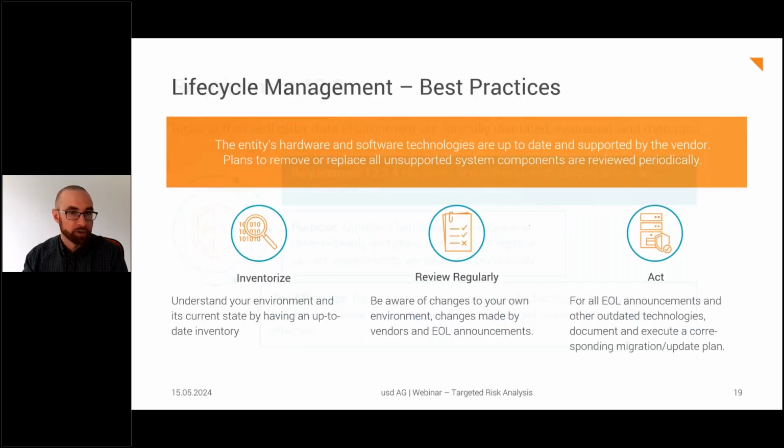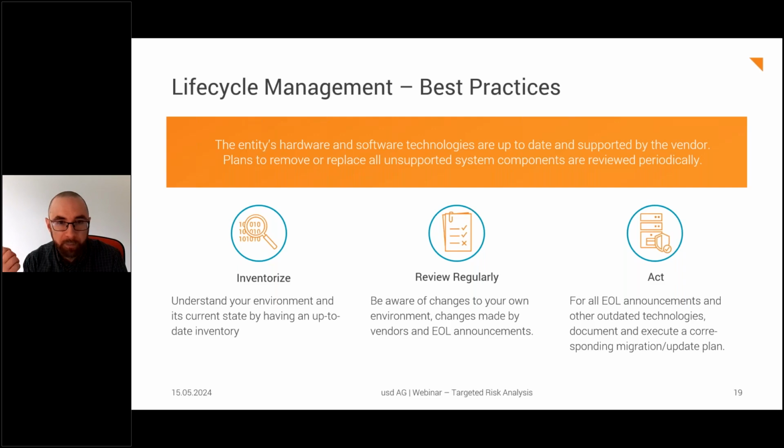To get into a little bit more detail here, the general practice here is, of course, quite similar to that that we had earlier. So you want to have an inventory, you want to really understand your environment. Which versions of which software and hardware are you currently using? Where are they used?